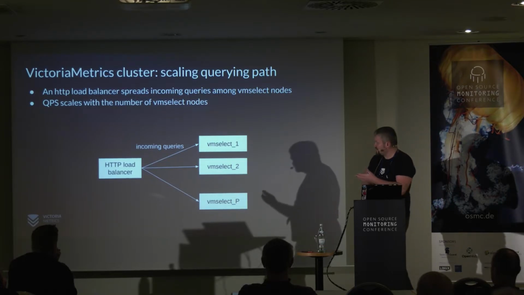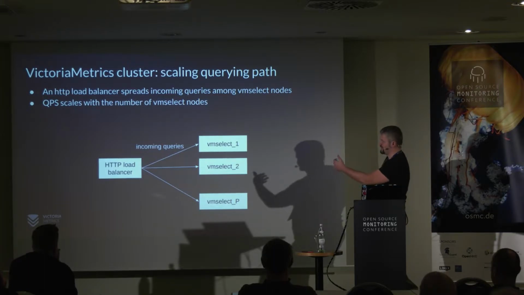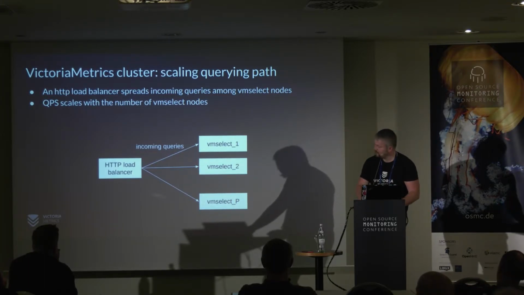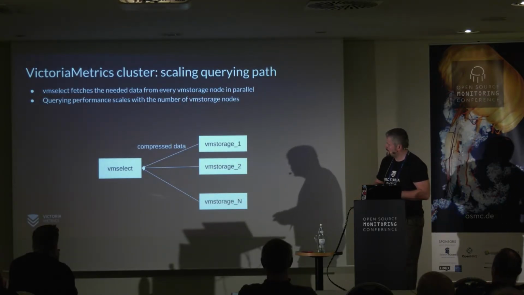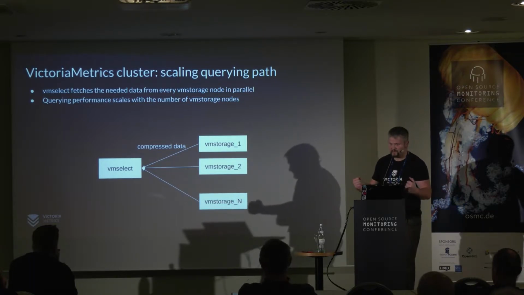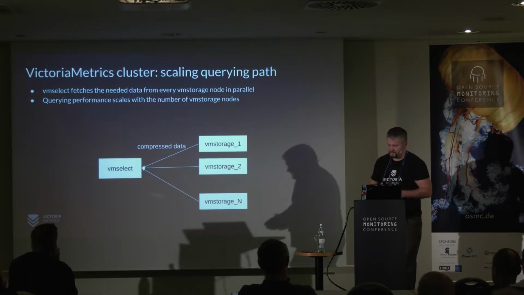As for querying path, it also scales because of the load balancer and the number of select nodes. And VM select also queries the data from every storage node for every incoming query. This data is queried in parallel, and then it processes the data.